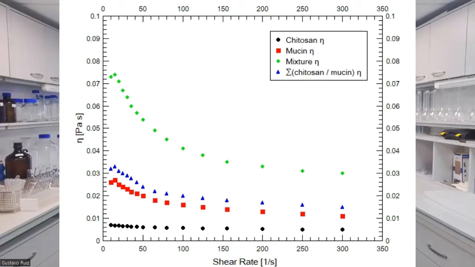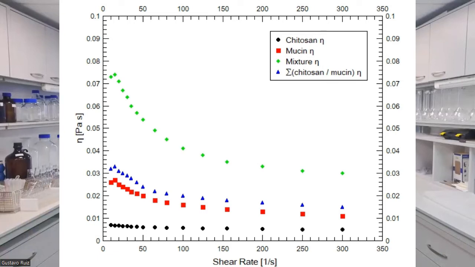Finally, in figure 5, we get the rheological synergism test in order to see how is the mucoadhesive profile of the chitosan nanoparticles. In this case, the mucoadhesion profile was only tested for neutral pH, that is 6 and 7. In the figure, we observe the black dots that are related with the viscous profile of nanoparticles alone.